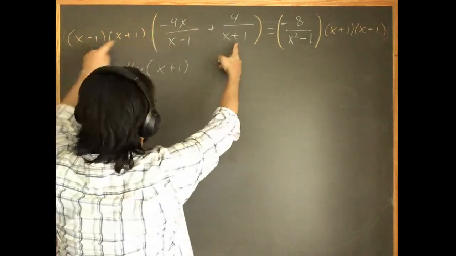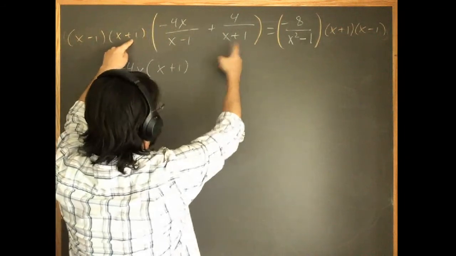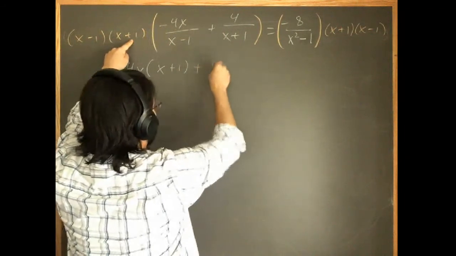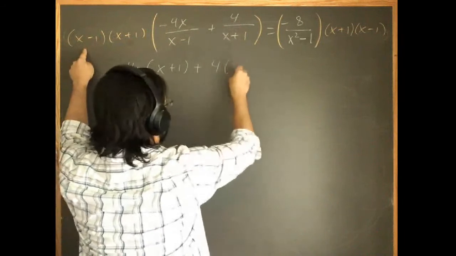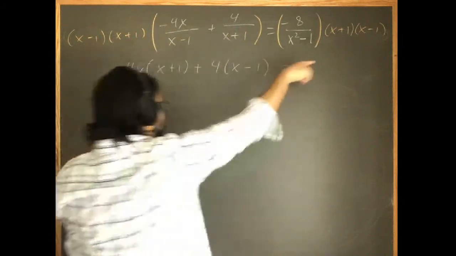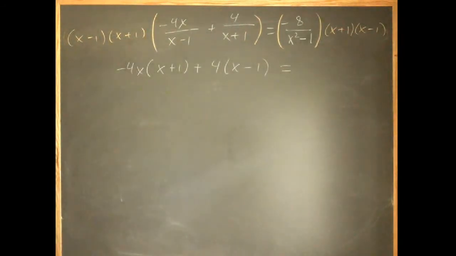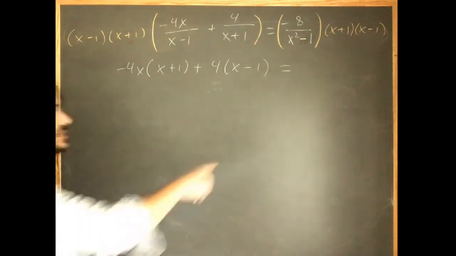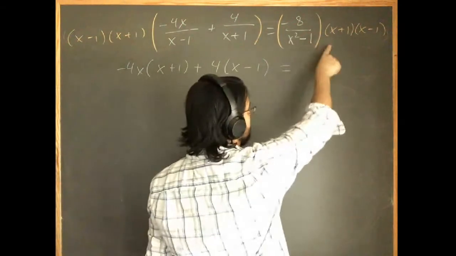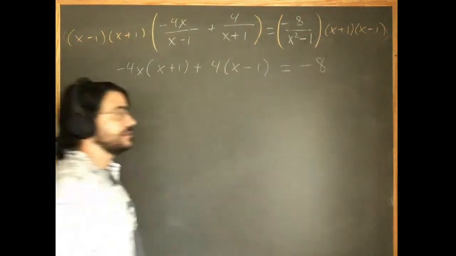When I multiply it to this one here, in the second case, the x plus 1s cancel, and I'm left with 4 times the x minus 1. Okay, and on the right-hand side, what am I left with when I multiply by the x plus 1 times x minus 1? What should this be equal to? Okay, yeah, so this guy is just the same thing as x plus 1 times x minus 1. So on the right-hand side, we get negative 8.